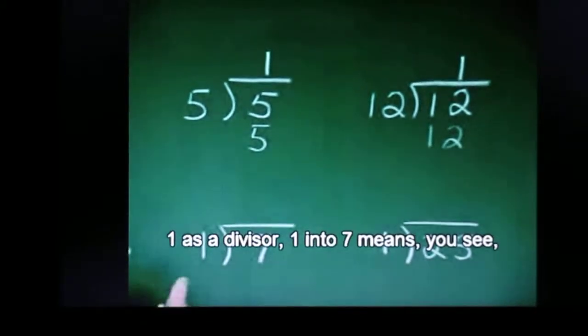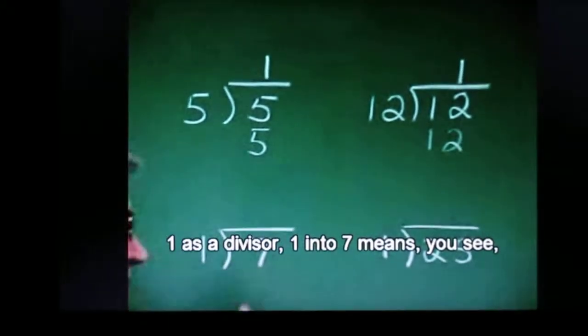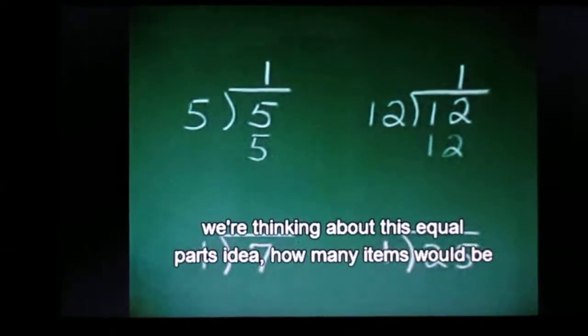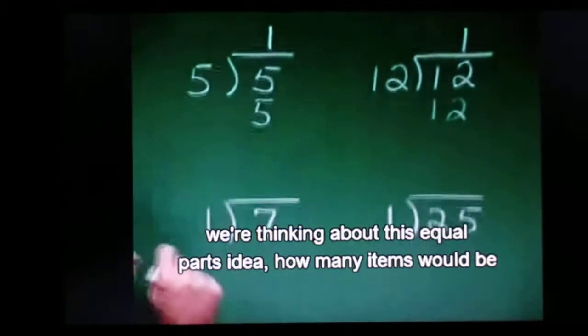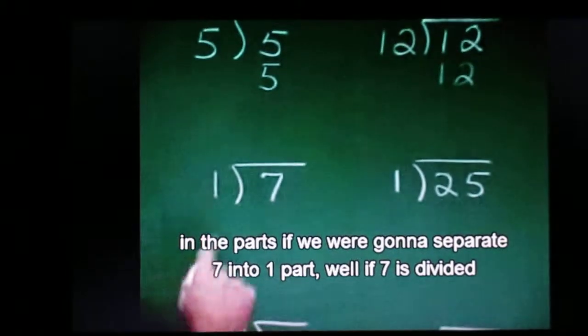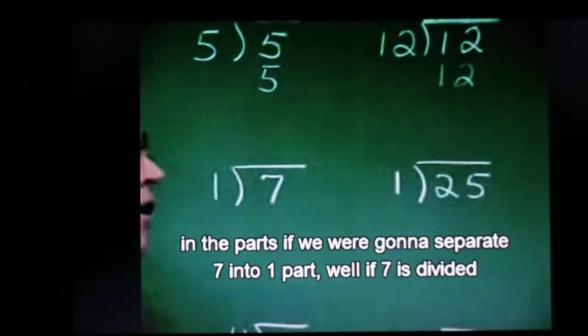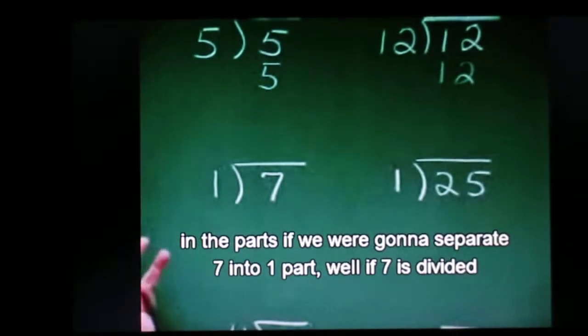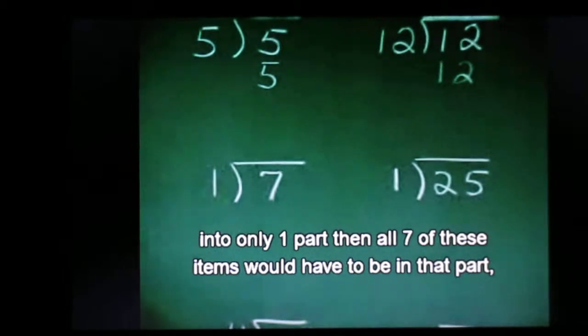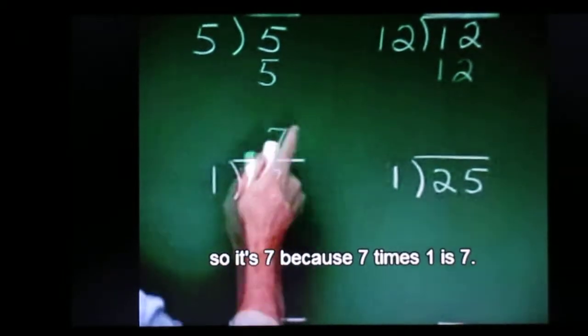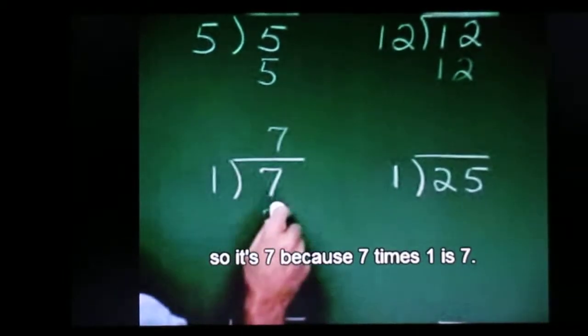1 as a divisor: 1 into 7 means, if we're thinking about this equal parts idea, how many items would be in the parts if we were going to separate 7 into 1 part? Well, if 7 is divided into only 1 part, then all 7 of these items would have to be in that part. So it's 7, because 7 times 1 is 7.